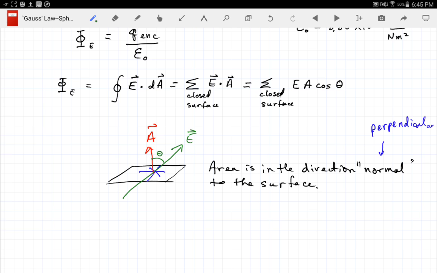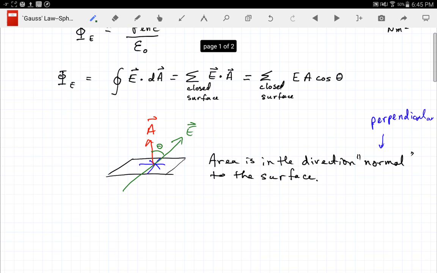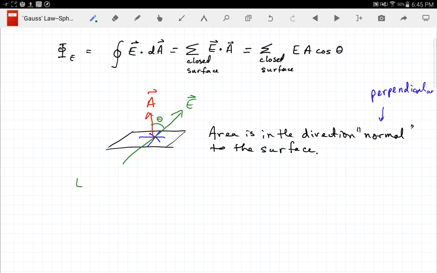Now, in calculus class, you can do this if the electric field is varying over the area. For algebra-based, you really can't do it unless you have a constant electric field over the surface of the area, so you need the electric field to be constant over the area, or the electric field to be perpendicular to the area.